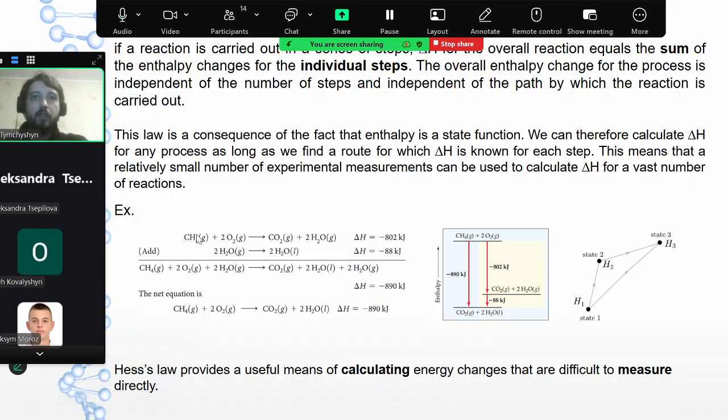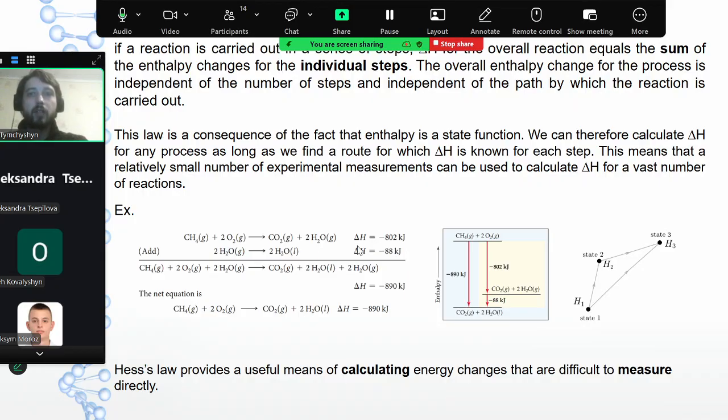First, everything combusts, giving you CO2 and water, but this water is gaseous. Then this water can transform to the liquid form. And these two reactions can combine to give us the final reaction. So we have a combustion reaction that gives us CO2 gas and liquid water. I am considering condensation of water as a separate step.